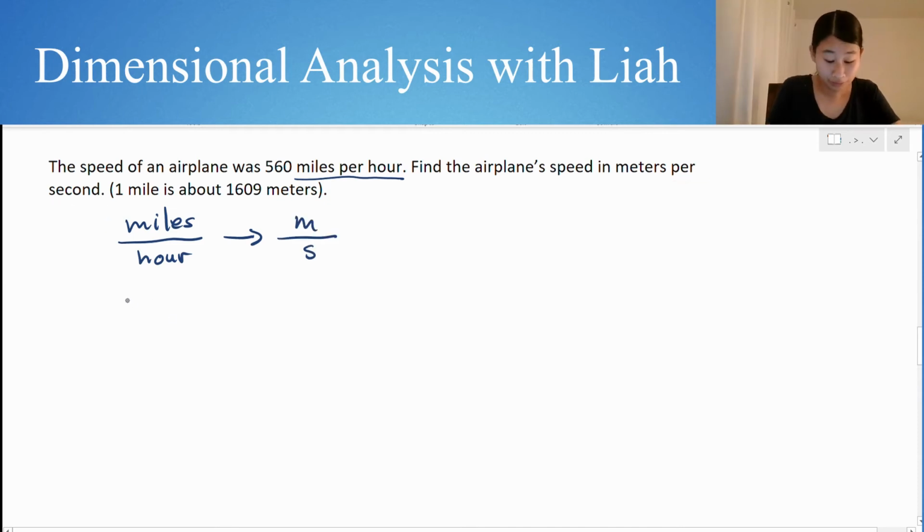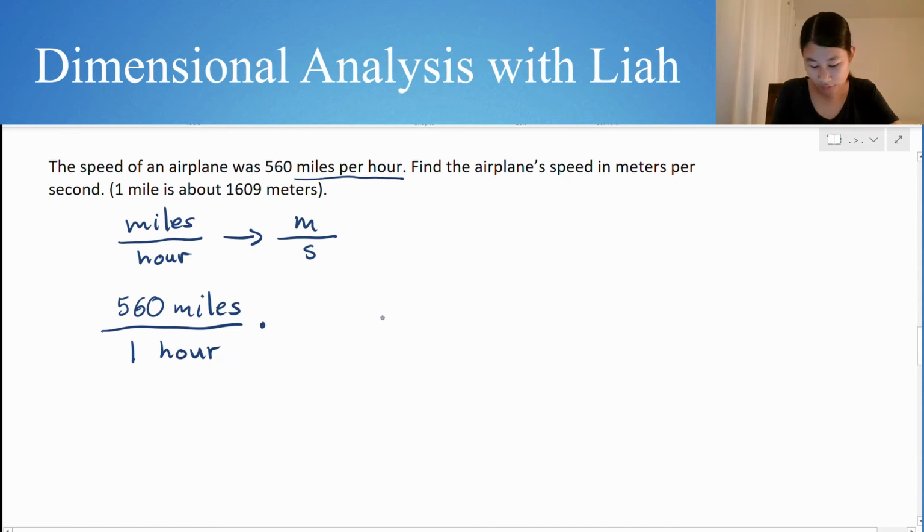So now we write out the math. So 560 miles in 1 hour. So now we write a fraction that cancels out the miles. And so for that, we know that 1 mile is about 1,609 meters.